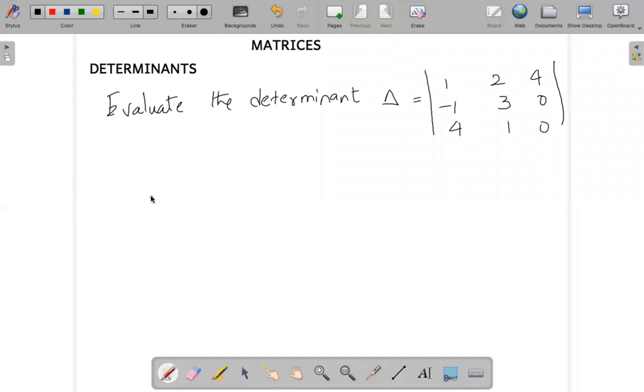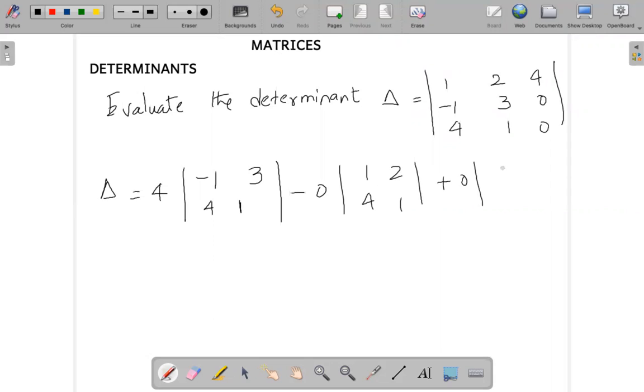Just find the determinant of this. So taking this, and also 0, 1, 2, 4, 1, and plus 0, 1, 2, minus 1, 2.